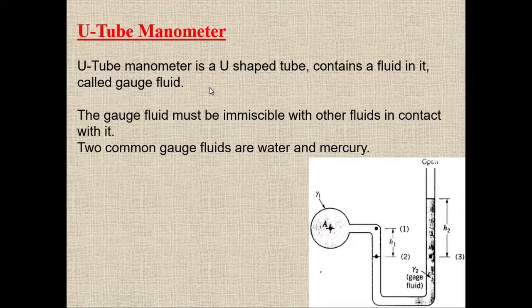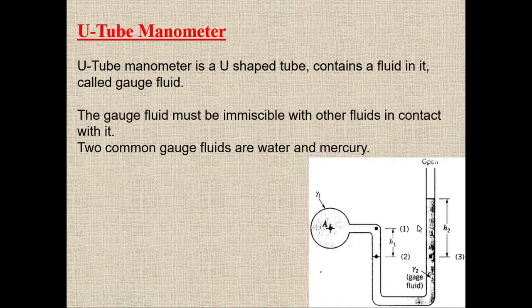Now we have the second type. This type is called the U-tube manometer. This is basically a modified form of the piezometer. To avoid the disadvantages of the piezometer, we use the U-tube manometer with the same concept, but instead of going straight as in that type, we use the shape of a U. You can see here we have a U-shaped manometer.